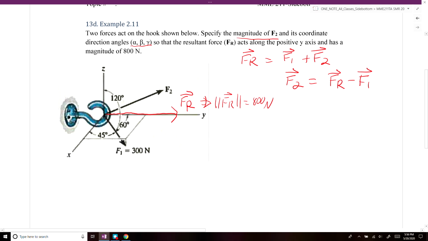In order to do our vector subtraction here, we need to write force 1 and our resultant force in Cartesian form.